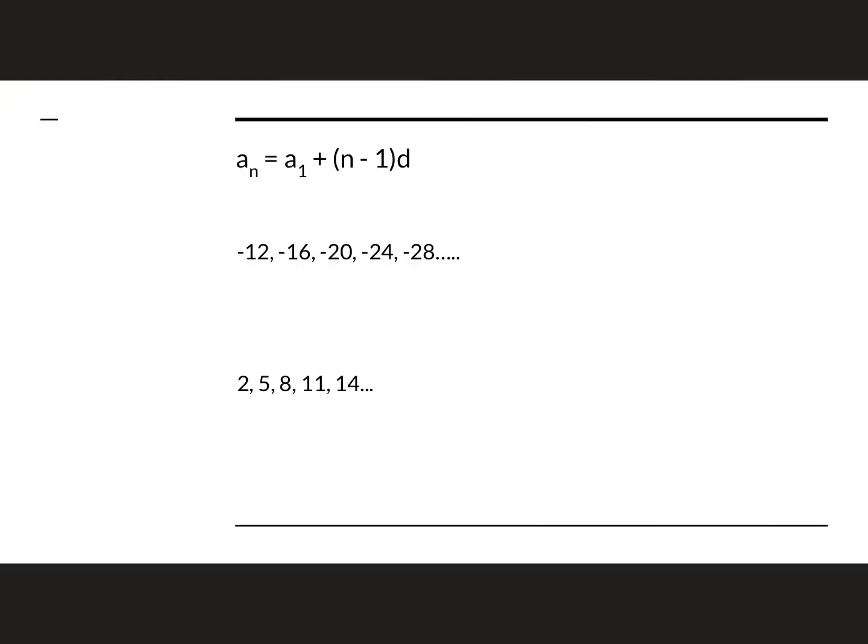So let's look at these. Once again, we're looking at our first term. So this one is a sub n equals, our first term is negative 12, plus n minus 1 times our common difference. Here I can see negative 16 minus negative 12 equals negative 4. So times negative 4.